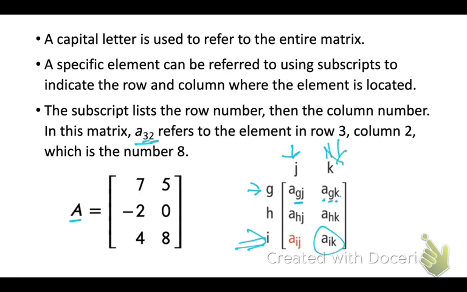So that element would be right there. Make sense? It refers to the third row, second column. In this one, we have row 3, 1, 2, 3, and column 2, 1, 2 would be what number? 8. Make sense? Yes. Did you need all those words to do that? No. Am I good to go? Yes.